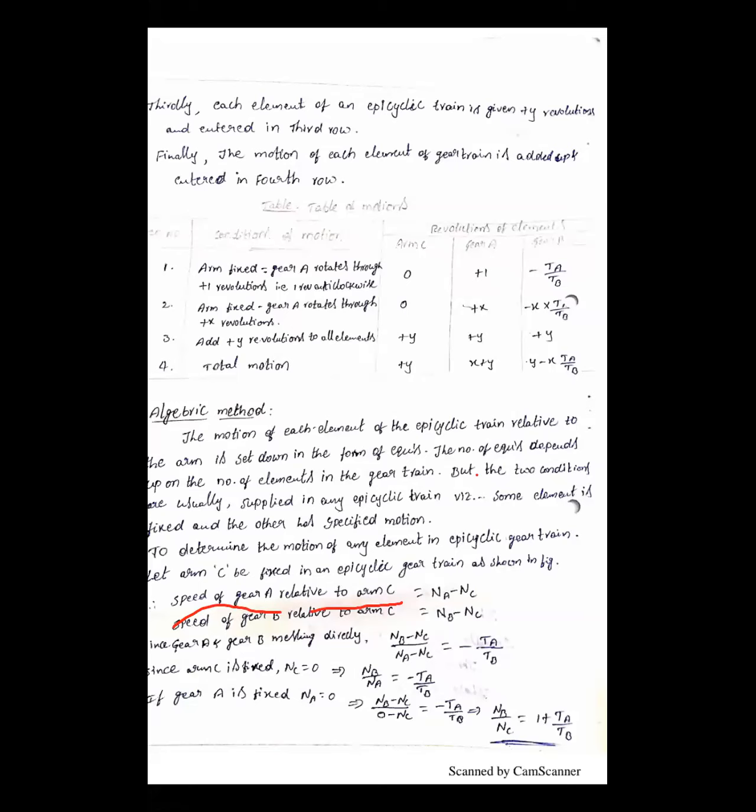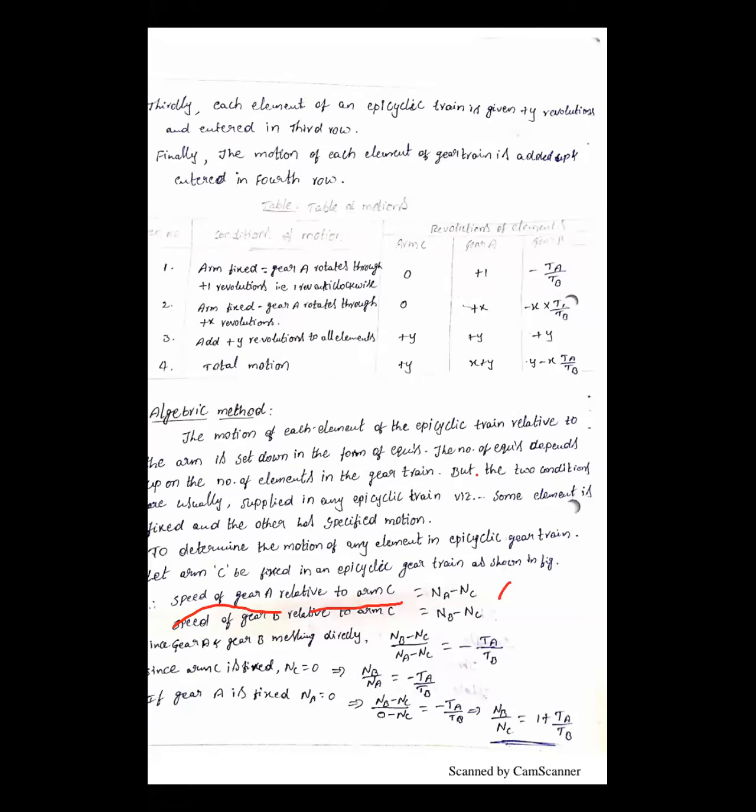When it is attached to the particular arm, that arm resists the rotation. So we subtract that value.